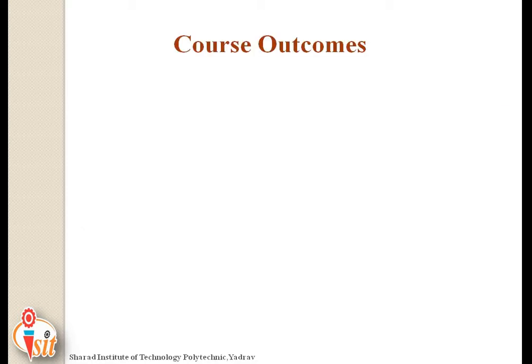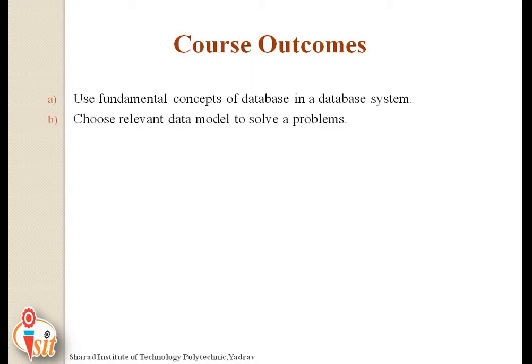First of all, we will see the course outcome, that is, after completion of this course, Principles of Database, you are able to do different functions. After completion of the first unit, you are able to use fundamental concepts of database in a database system. After completion of the second unit, you are able to choose a relevant data model to solve a problem.